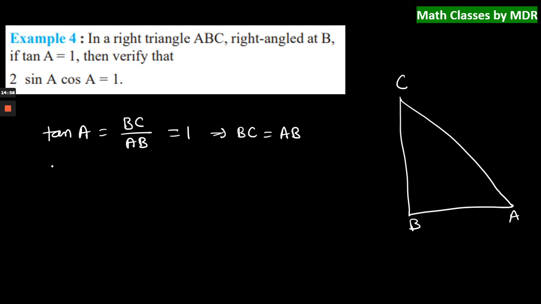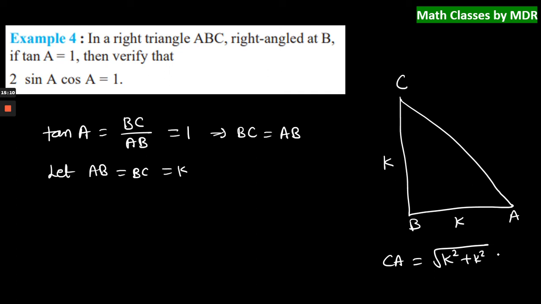So let us say that AB equals BC equals some k. So this is k and this is k. So from Pythagoras theorem, CA is equal to root of k square plus k square, that is root 2k square, or root 2 k is the hypotenuse.